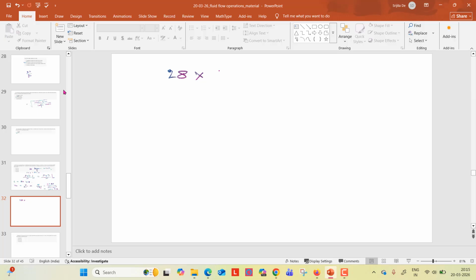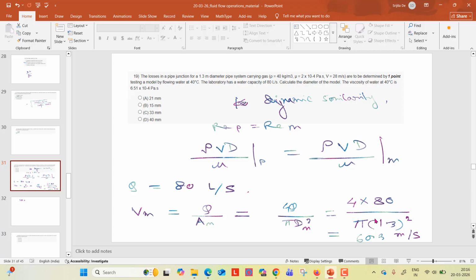So dm we are calculating, right? So it is not 1.3, it is the pipe diameter, rather dp. Sorry.